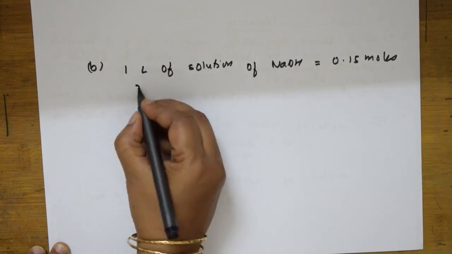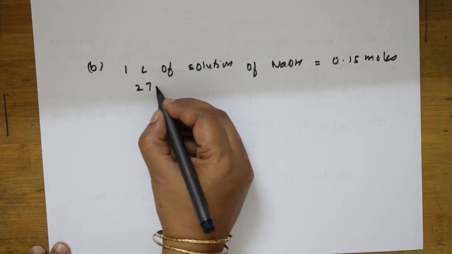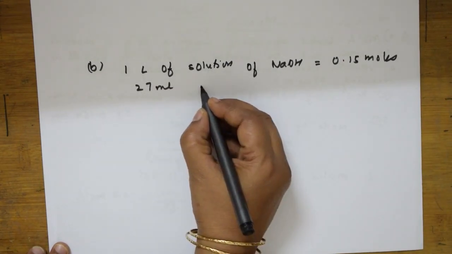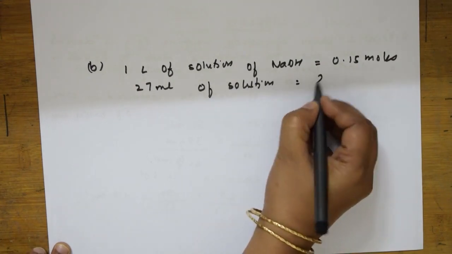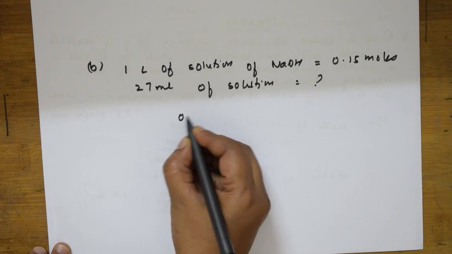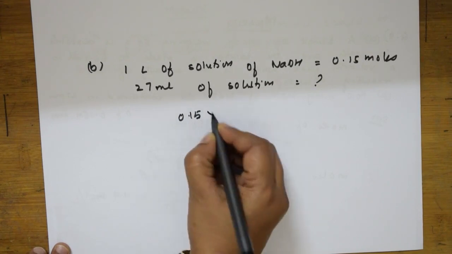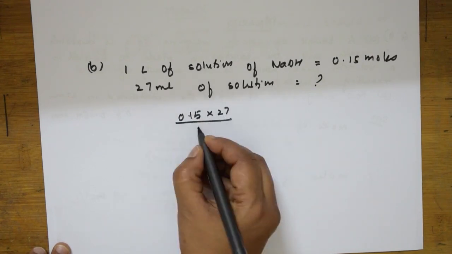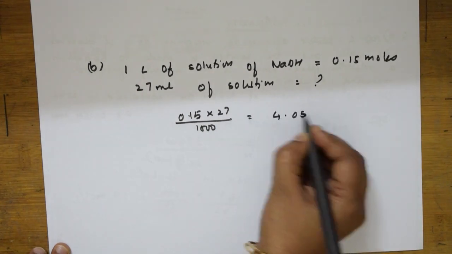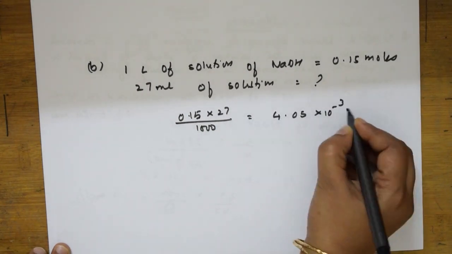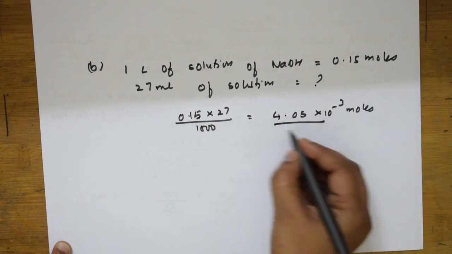So 27 ml of solution contains how much? Cross multiply: 0.15 into 27 by 1 liter, meaning 1000 ml. This is equal to 4.05 into 10 raised to the minus 3 moles.